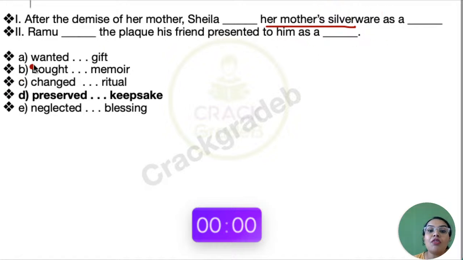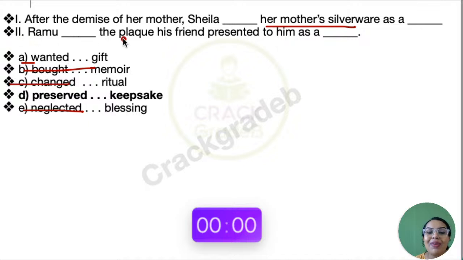So Sheila wanted, maybe she cannot buy because it's her mother's, you don't buy something that already belongs to your family, your mother, your father. So bought is wrong. Changed, again no meaning, because what's the context of demise here? Neglected, also no meaning.